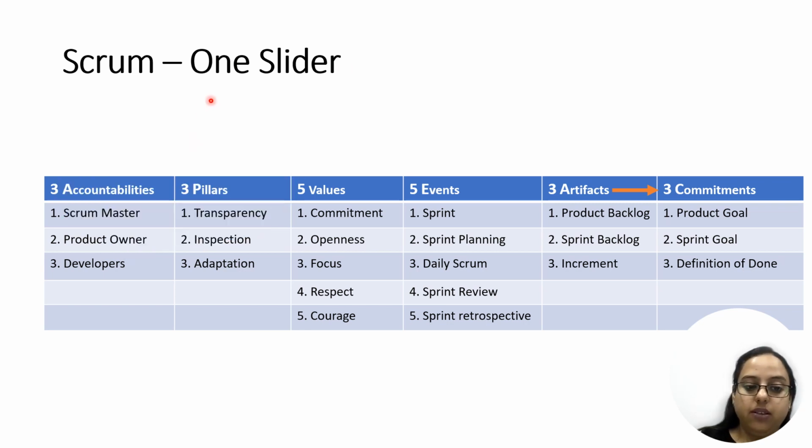So together, these three accountabilities are called a Scrum team, as I mentioned, and the optimal size of the Scrum team is up to 10 members. This is the recommended size by the Scrum framework, and it is not a mandatory size.